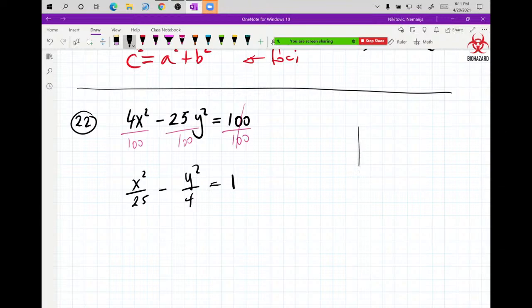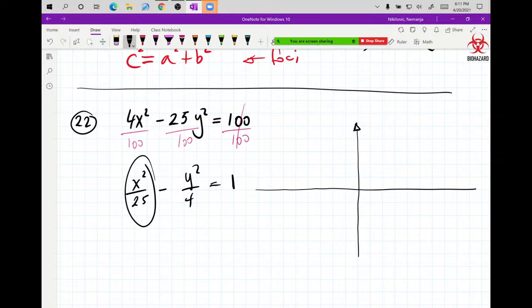Because it's the origin, we're going to start by counting 5 left and right, because 25 is associated with x squared. Therefore, x squared, which is the x-axis. So we're counting square root of 25, 5 each way.